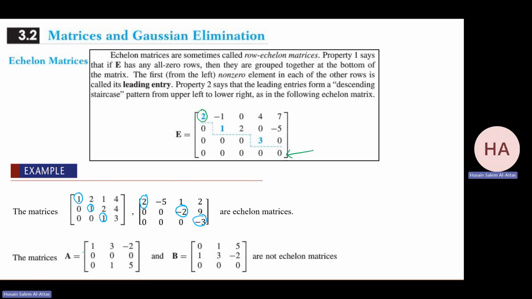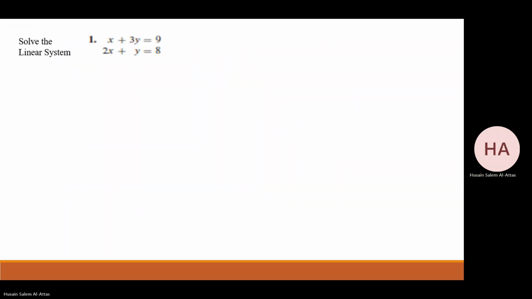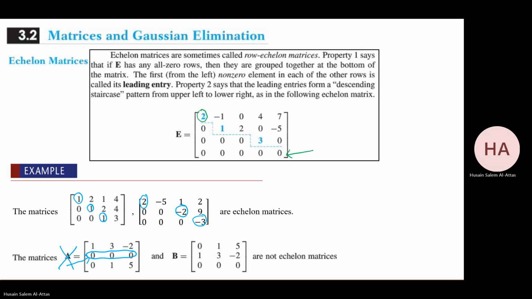Look at this one. I have a problem here. This is not echelon form. Why? A row consisting entirely of zeros is not at the end. So this is not echelon form. Look at this one. The first non-zero element is this one in the first row, and in the second row it is this one.